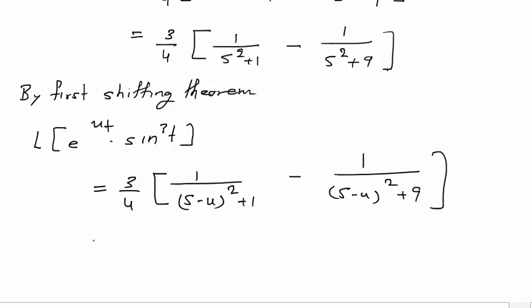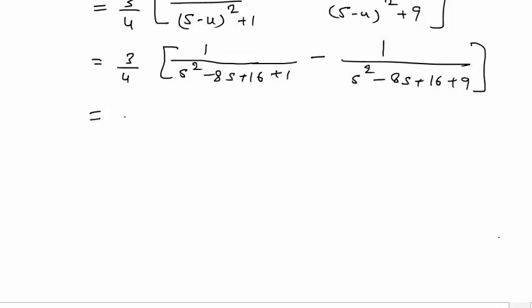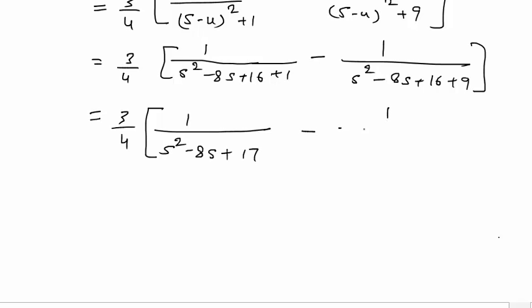Now we can solve this further, and this will be 3 divided by 4, 1 upon s square minus 8s plus 16 plus 1, minus 1 upon s square minus 8s plus 16 plus 9. This will be equal to 3 divided by 4, 1 upon s square minus 8s plus 17 minus 1 upon s square minus 8s plus 25.